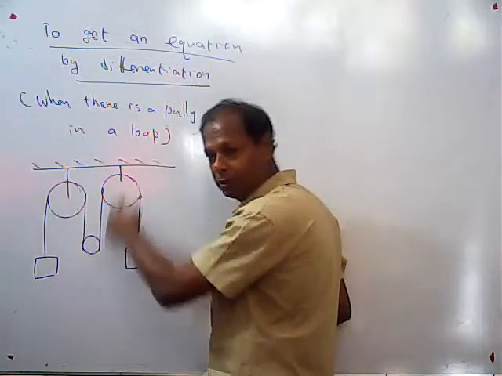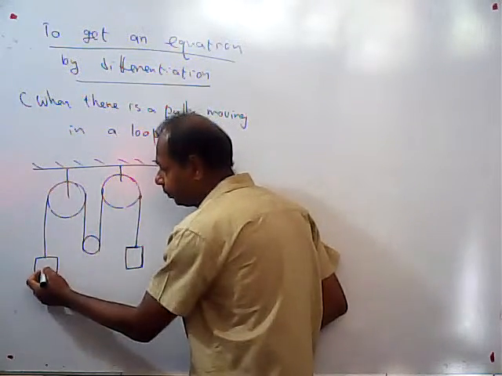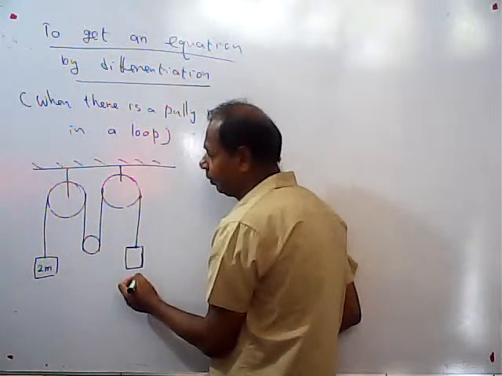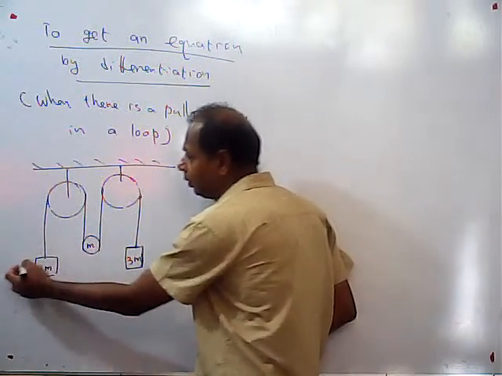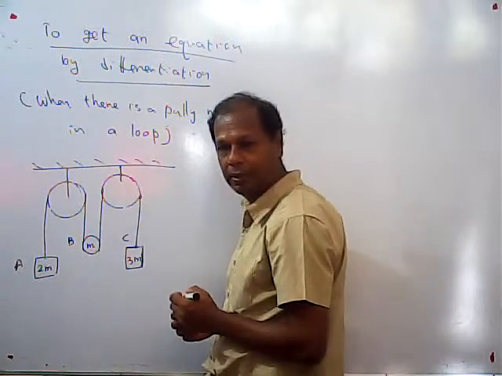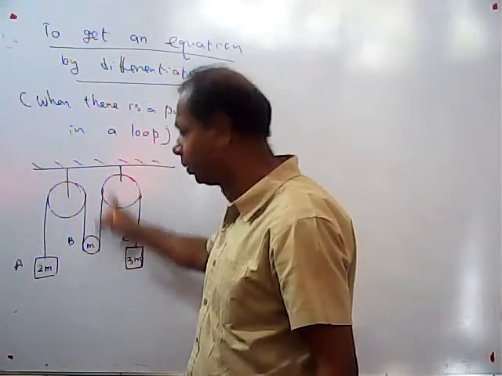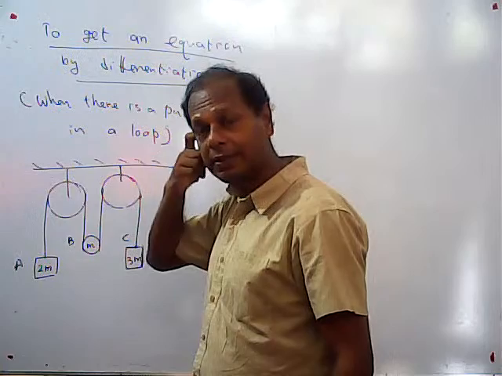The same rope going over, running everywhere. Say this mass is 2m, this is 3m, and this is m. Name them A, B, C. So this pulley is placed in a loop of the rope, right? That's the case we are considering.